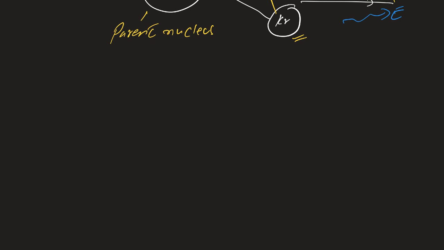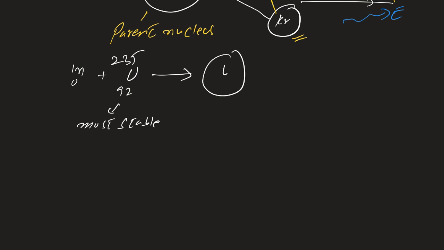Nuclear equation: a neutron incident on uranium 235 92. So this is the most stable nucleus. As soon as uranium 235 captures a neutron, it will change into uranium 236, or you can write uranium 236 92, and it is least stable.